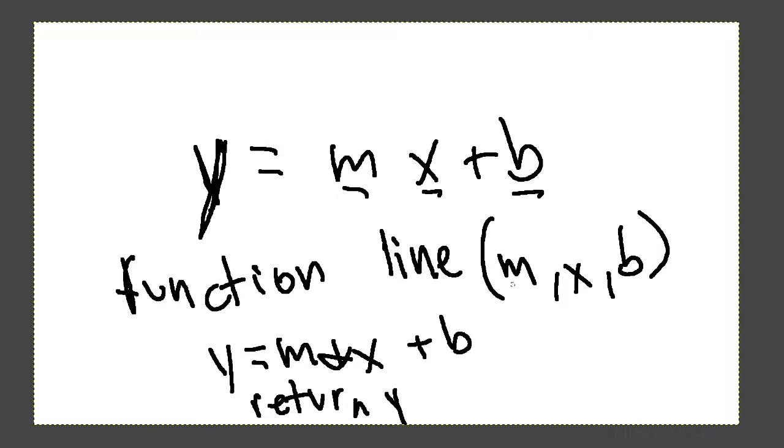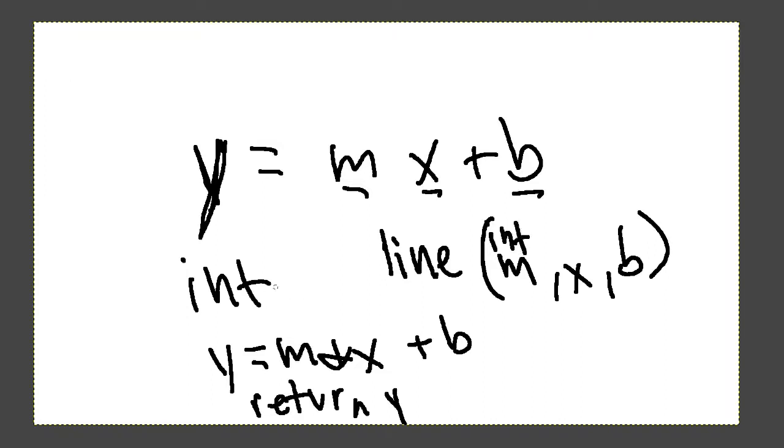Anytime you want to calculate this formula, this is how the function would work: you'd pass in the parameters, it would do the calculation in the function, and then it's going to return it. Oftentimes with a function, you have to tell it what it's going to return. So instead of just saying it's a function, we can say it's going to return an integer, and we'd also want to tell it that these parameters are integers as well.